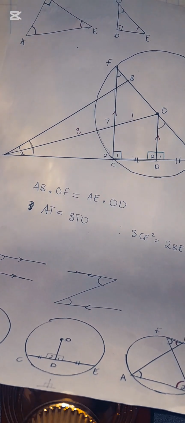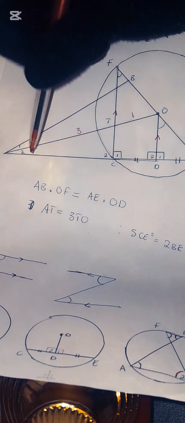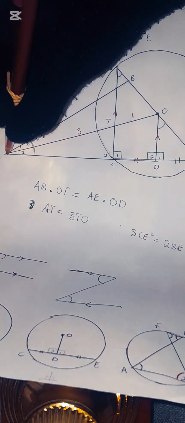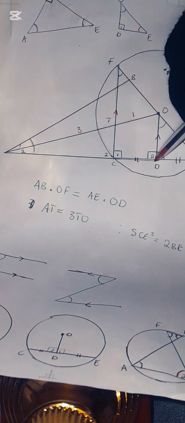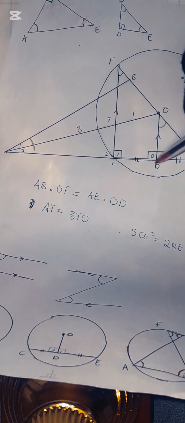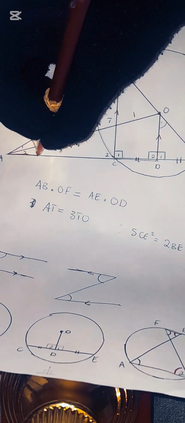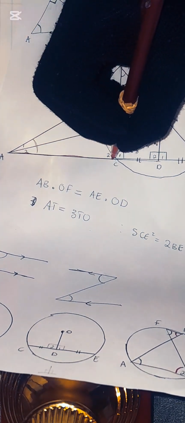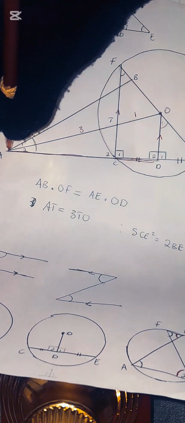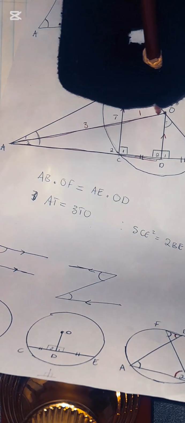The reason I'm doing this is because I want you to see that I have a proportion triangle, which is ADO, where this is a parallel line. See that? This is the triangle I'm talking about. I want to highlight it with red pen so that you can see it properly.